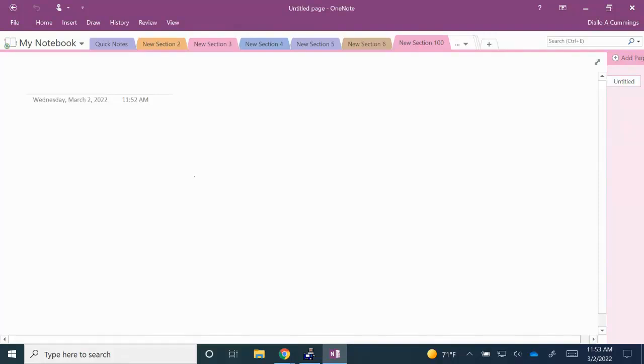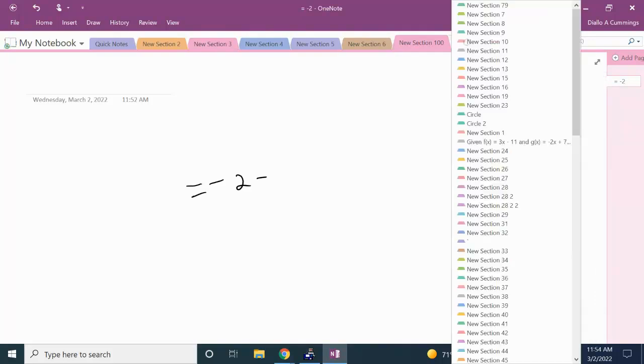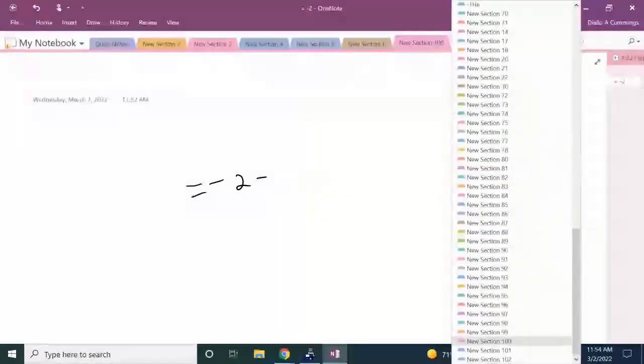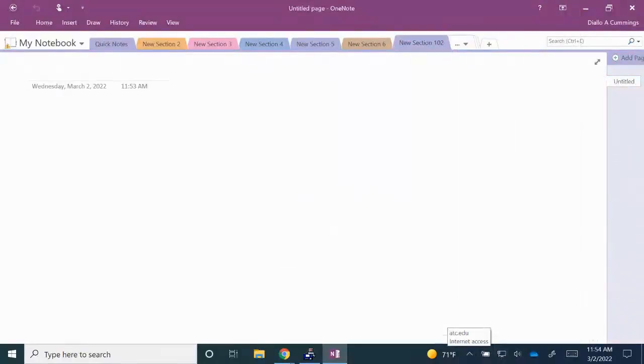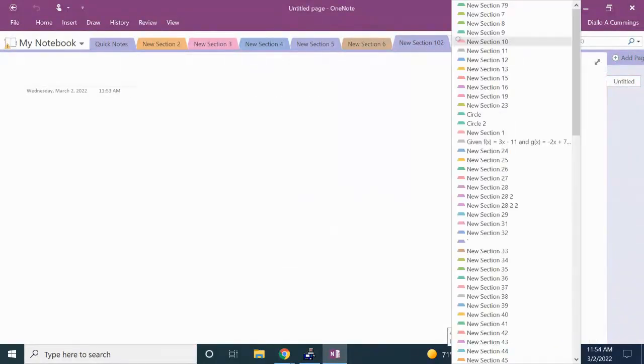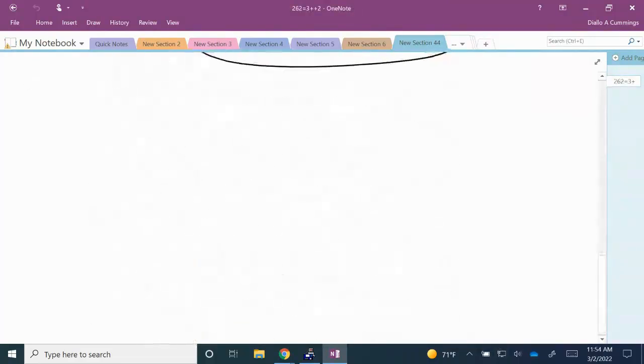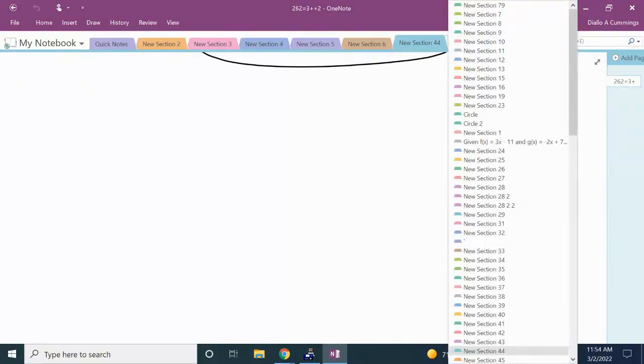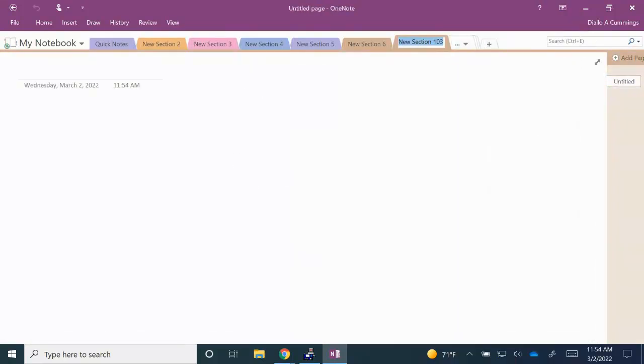Sorry about that, but I believe it was negative 2 minus, was it the square root of 3? Boy, I apologize for this. I believe it just crashed and deleted the entire page I was working on. So that was the tangent of 105, I believe.